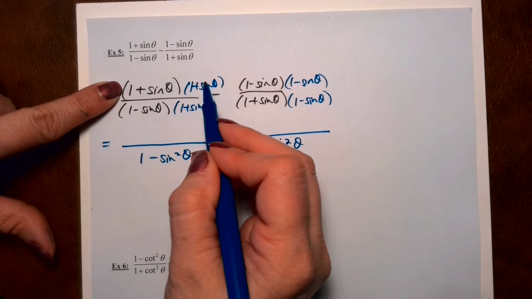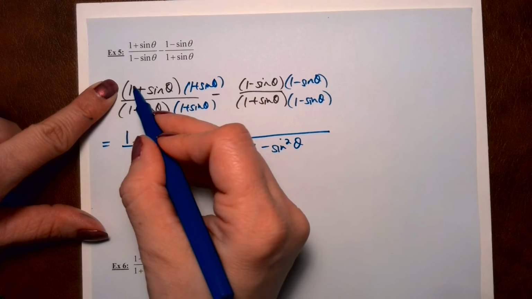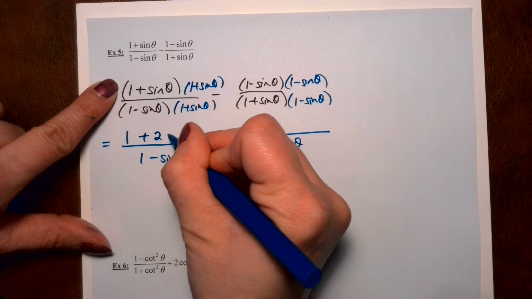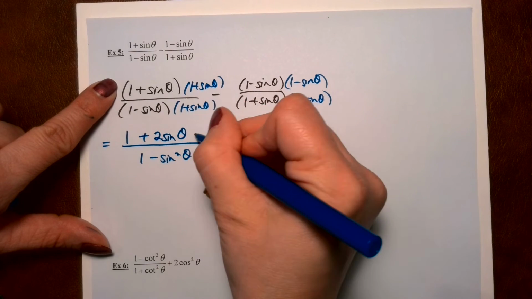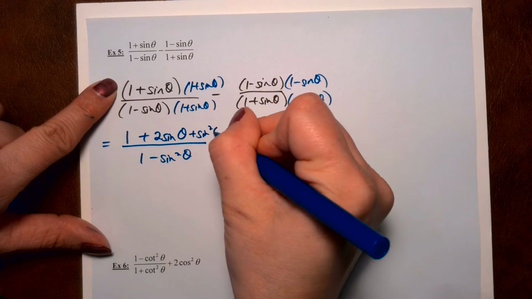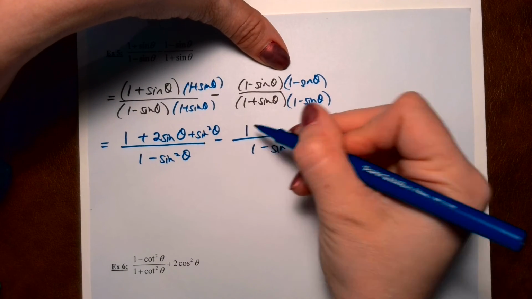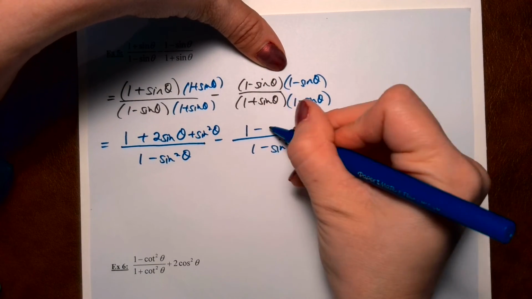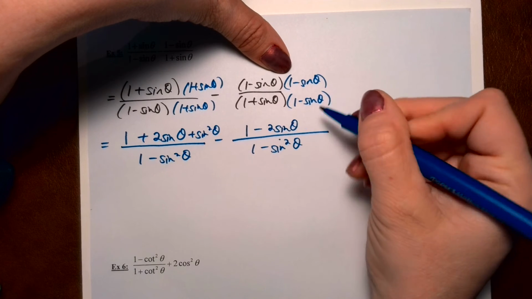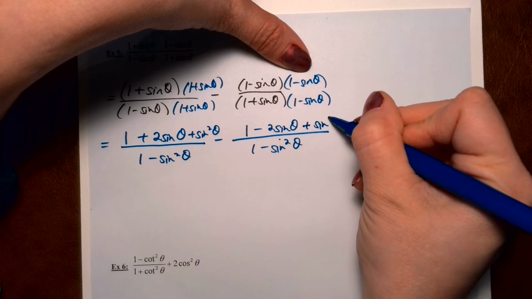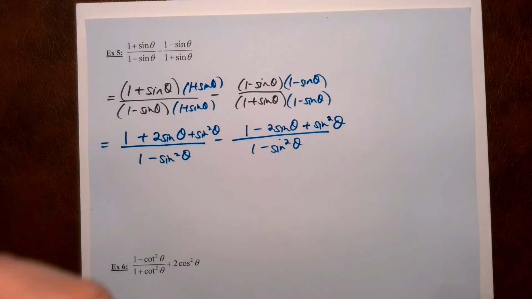Let's go ahead and distribute first the outers and the inners. That's 2 sine theta plus sine squared theta. Over here, we've got 1, outers and inners, minus 2 sine theta plus sine squared theta. Okay.